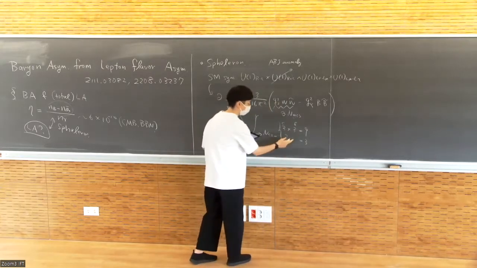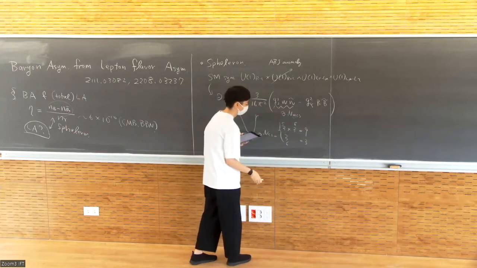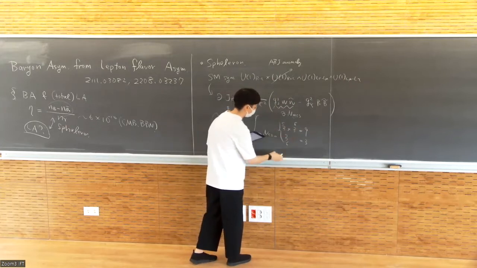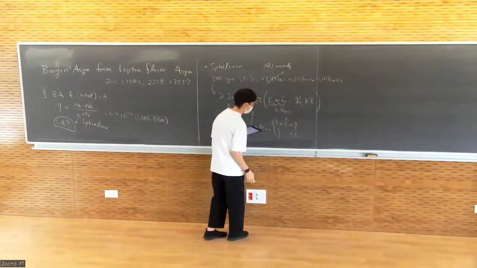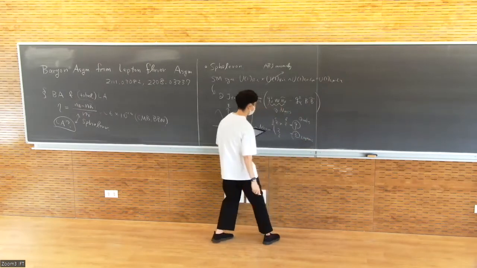So this is the degrees of freedom for the left-handed quark doublet, and this is for the left-handed lepton. You are generating nine quarks and three leptons.